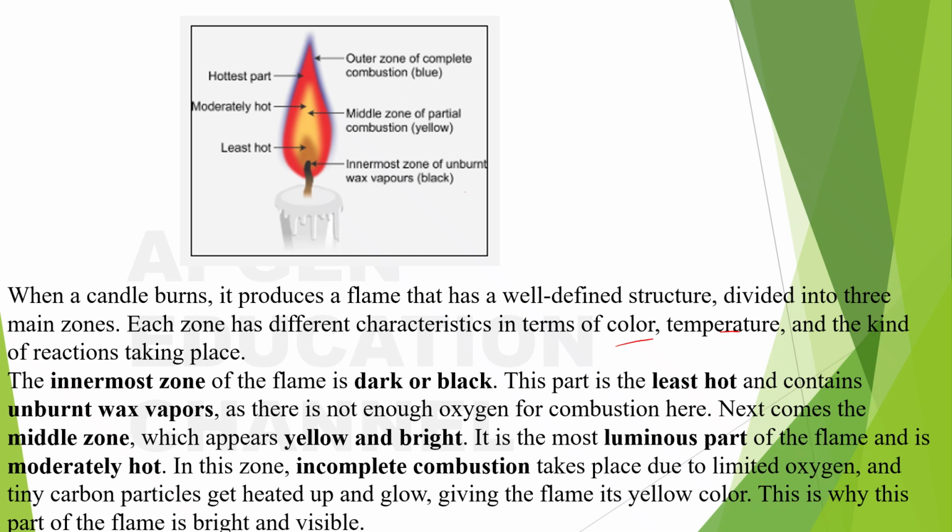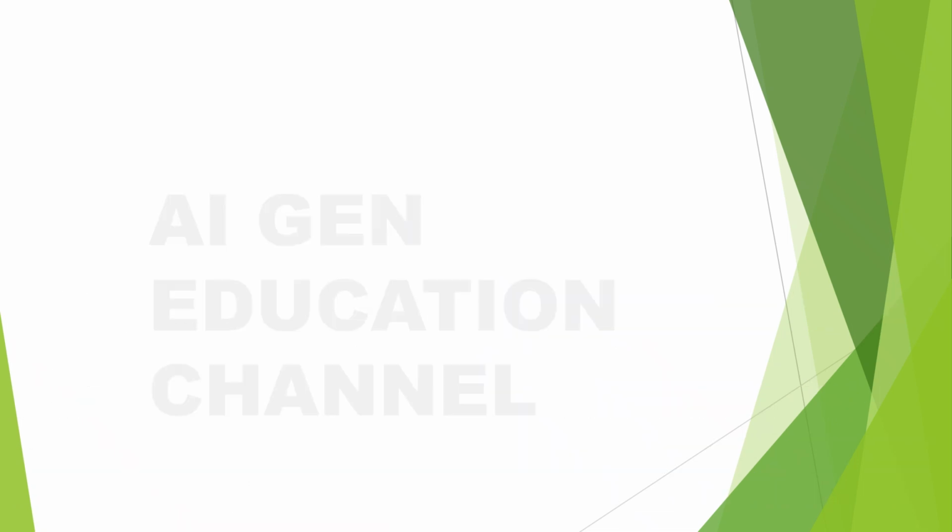Next comes the middle zone, which appears yellow and bright. It is the most luminous part of the flame and is moderately hot. In this zone, incomplete combustion takes place due to limited oxygen, and tiny carbon particles get heated up and glow, giving the flame its yellow color. This is why this part of the flame is bright and visible, right?